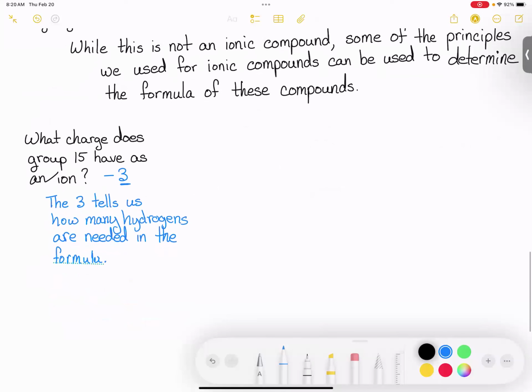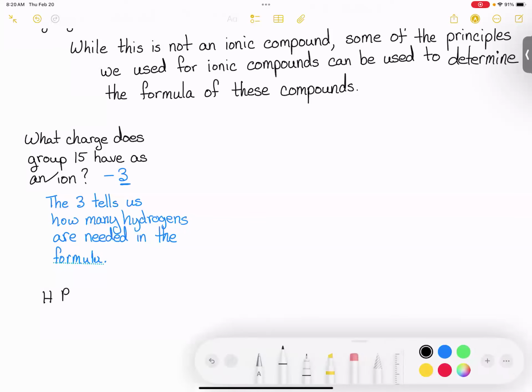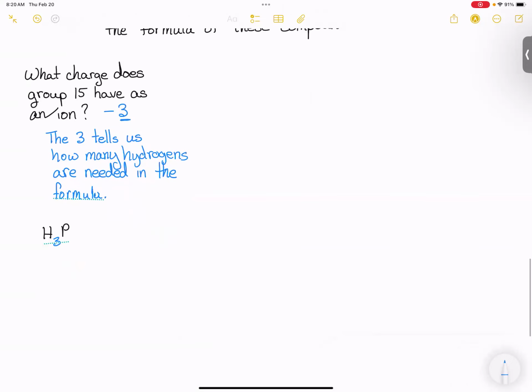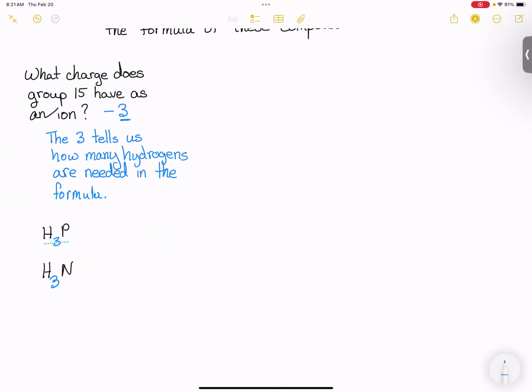So if I combine hydrogen and phosphorus, I'm going to need 3 hydrogens for 1 phosphorus. If I combine hydrogen with nitrogen, I'm going to need 3 hydrogens for 1 nitrogen.